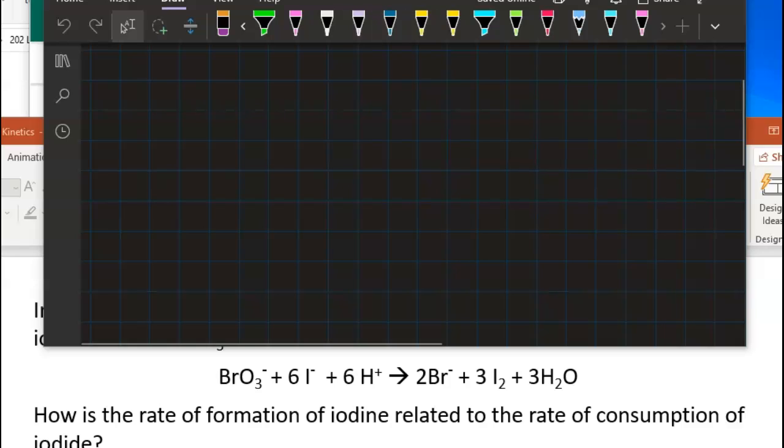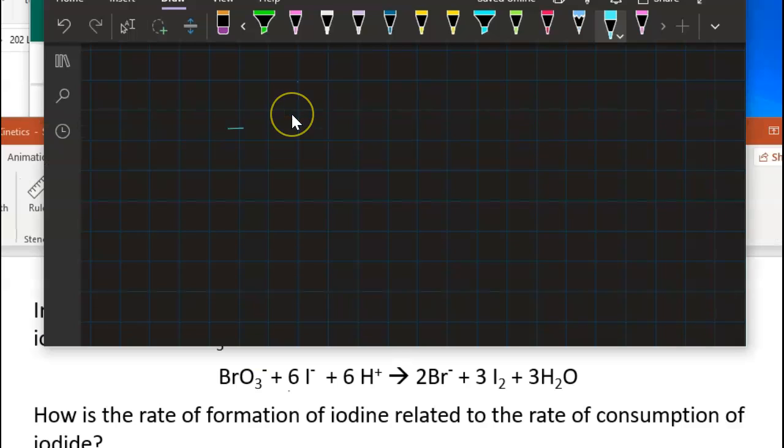So we could write, as I was saying, 1 over, we have a negative sign out front if we're talking about the iodide. So we'd have negative 1 over 6 delta, the change in the iodide concentration, delta T, is equal to 1 over 3 delta iodine over delta T, right? And then 1 over 6, 1 over 3, we can simplify. This would be 1 over 2.